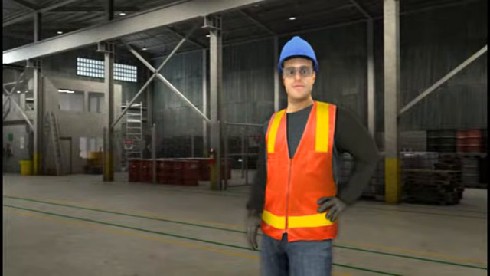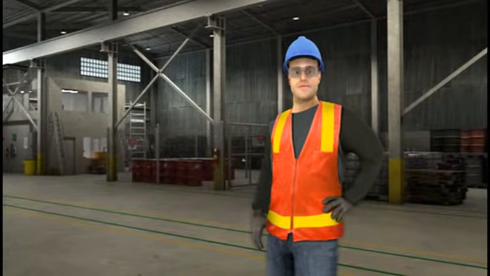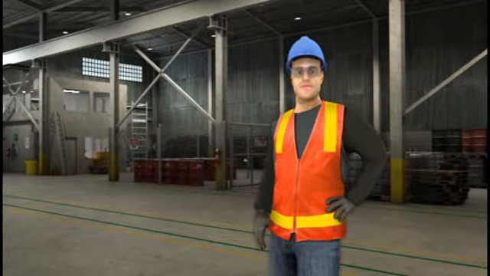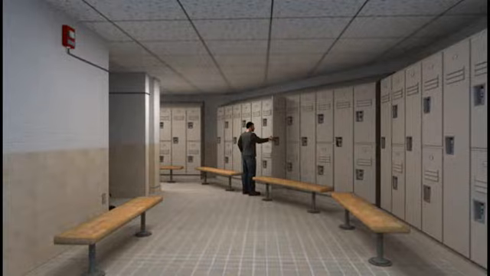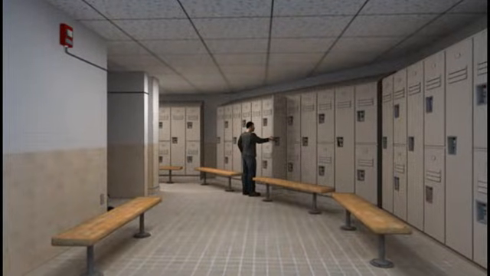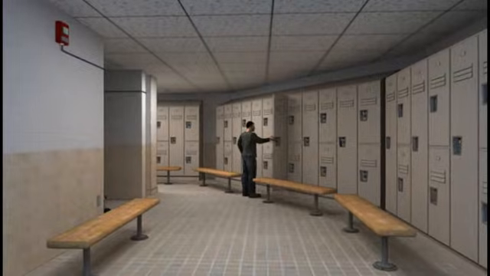Your facility will have specific personal protective equipment, or PPE, requirements and dress codes that you must abide by when performing your job. The right clothing and PPE can protect you from cuts, abrasions, and other injuries.